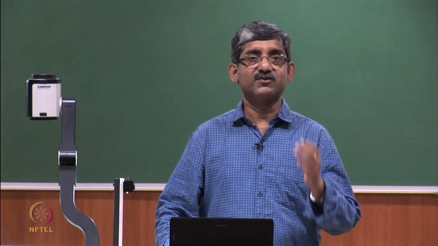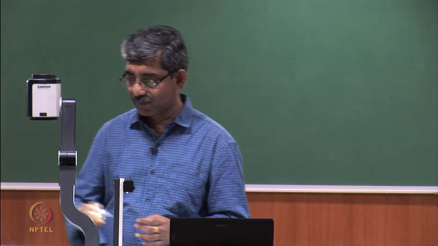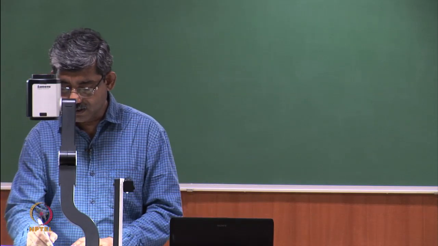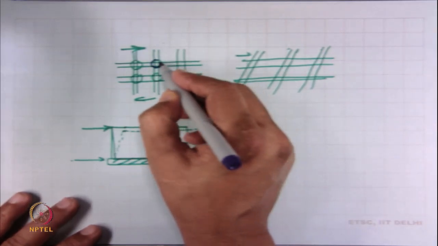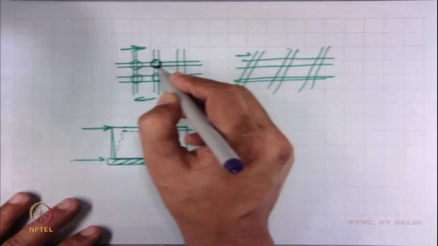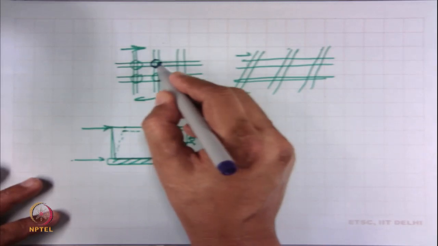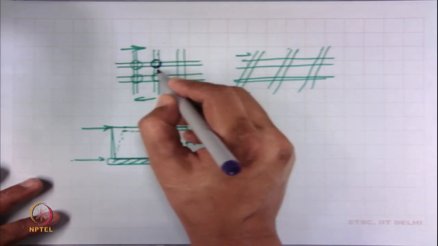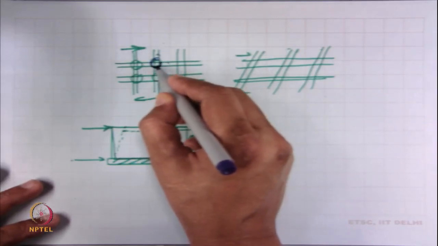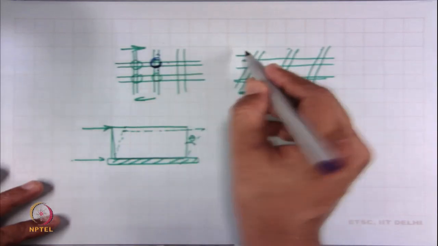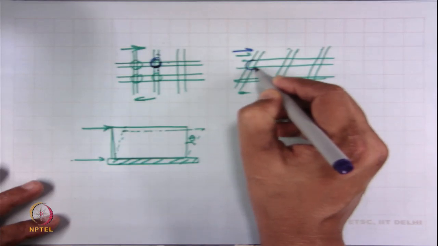Now, what is shear hysteresis? Suppose this is the fabric at the initial stage. Although there is no positive binding, there will be yarn to yarn friction, warp yarn to weft yarn. When the fabric is deformed by shear force, there will be frictional sliding.